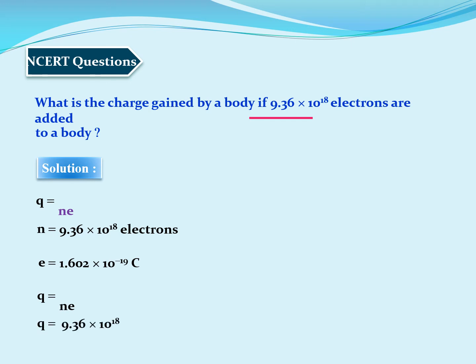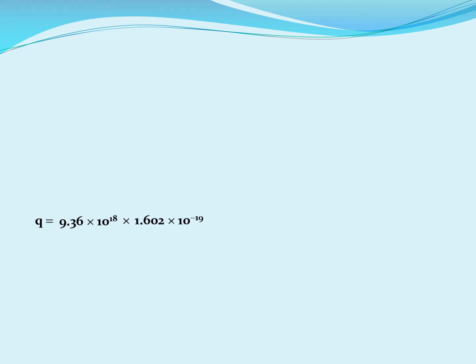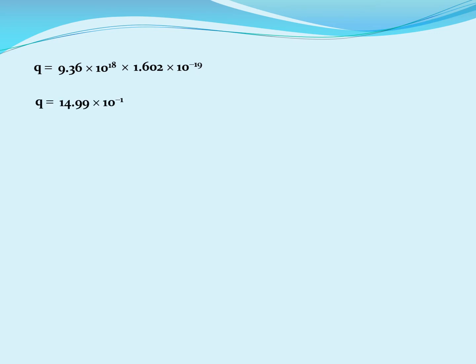So I get 9.36 into 10 to the power of 18 into 1.602 into 10 to the power of minus 19, which gives you an answer, which is Q is equal to 14.99 into 10 to the power of minus 1, or you can even write it as 1.499 coulomb.